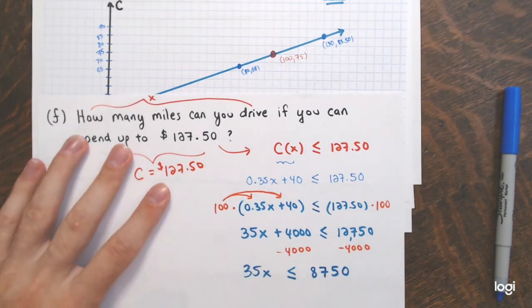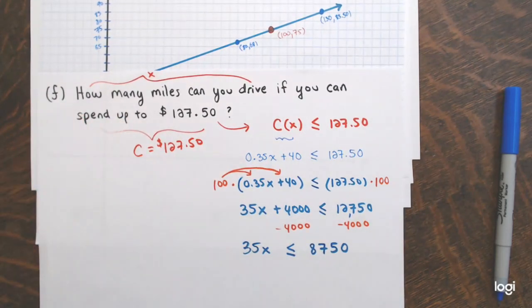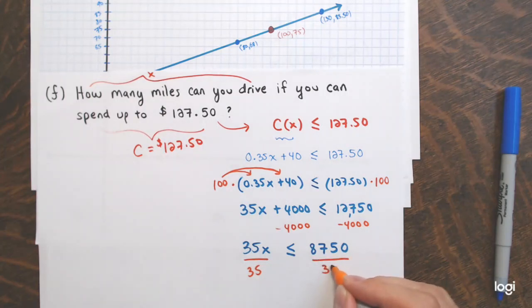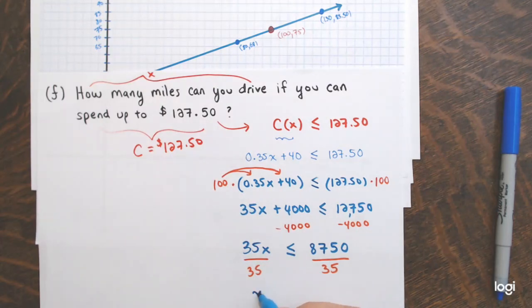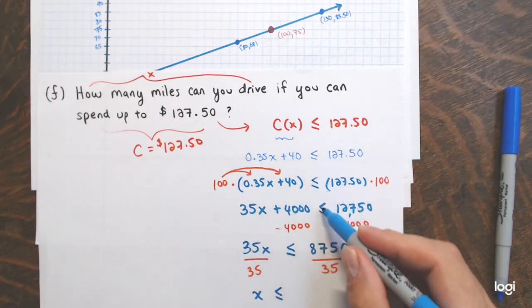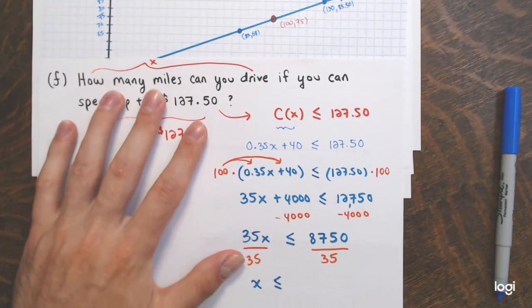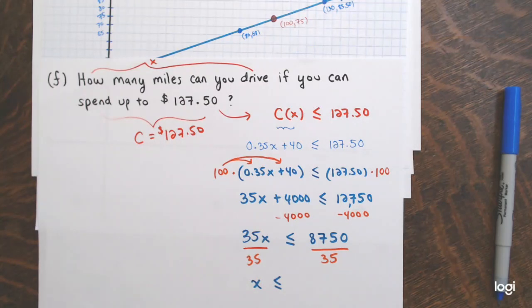All right. Okay, and then we're going to divide by 35 to get x alone, and just like with multiplication, if you divide by a positive number, which I'm doing here, I'm dividing both sides by positive 35, again, the direction of the inequality does not change. So we still have 1x over here, and still is less than or equal to, the same direction the whole time. I haven't done anything to change the direction of the inequality.